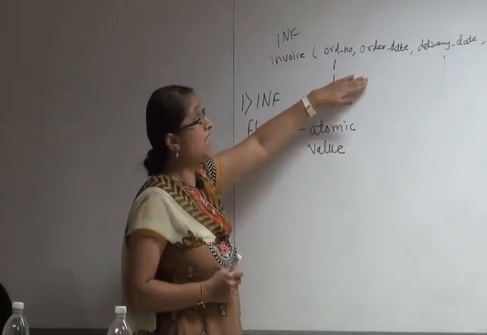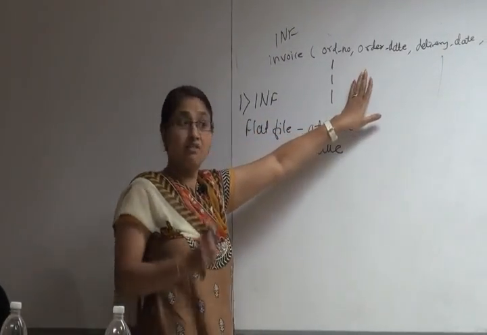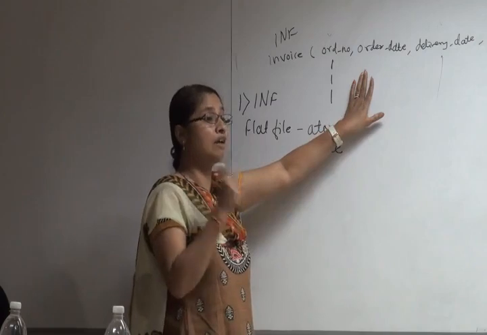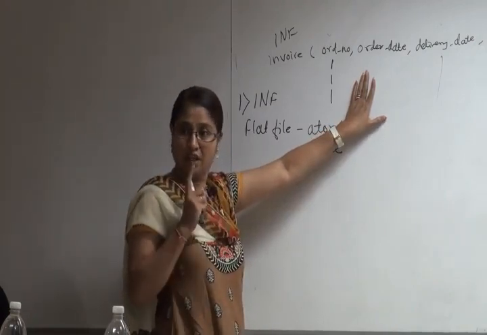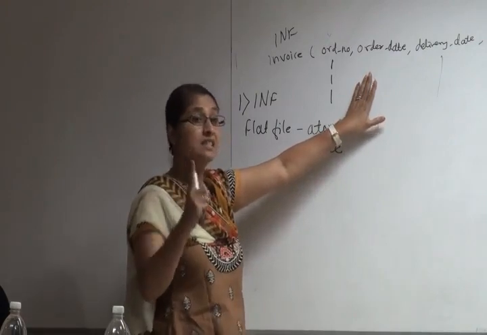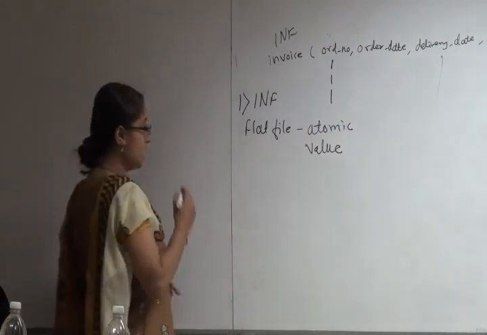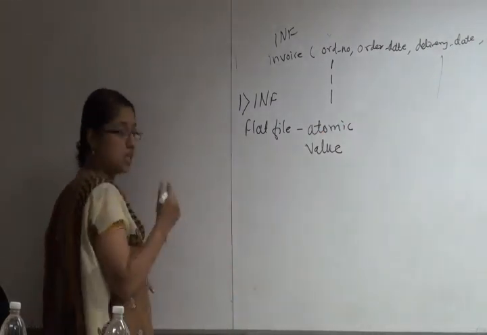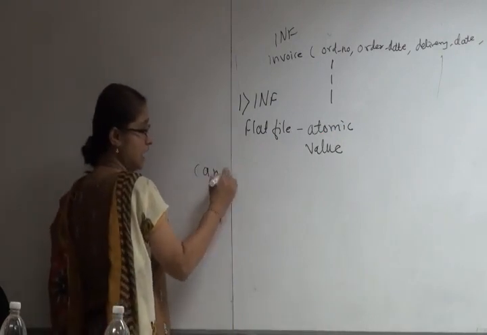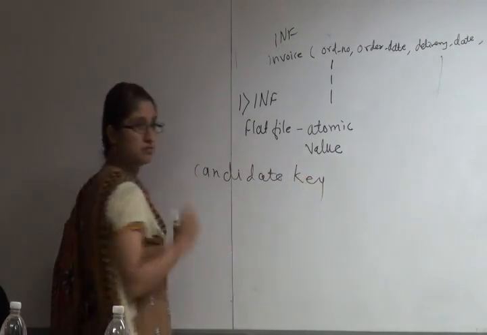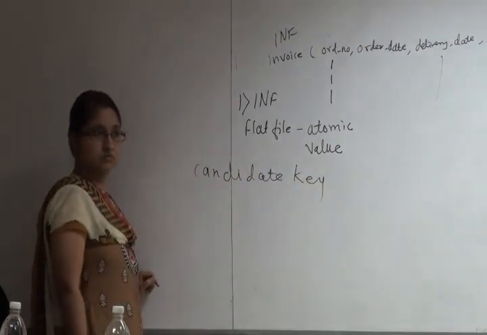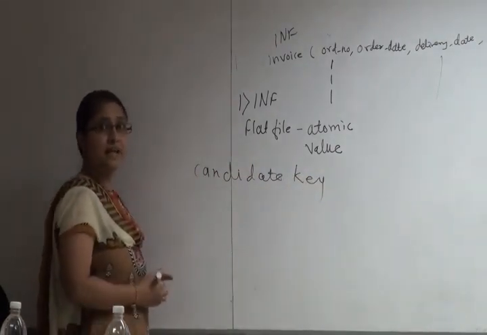But if my key attribute is giving me a single record, that attribute or attributes are called a candidate key.